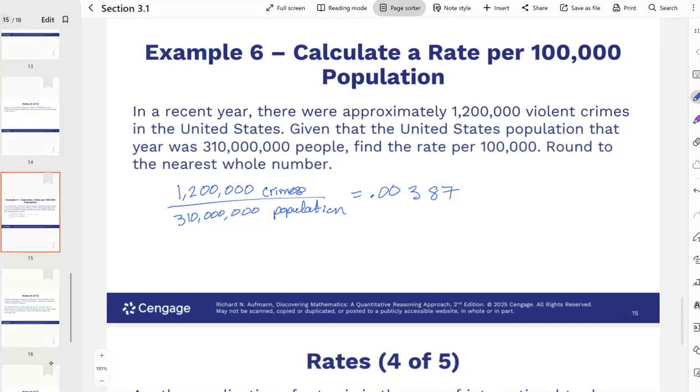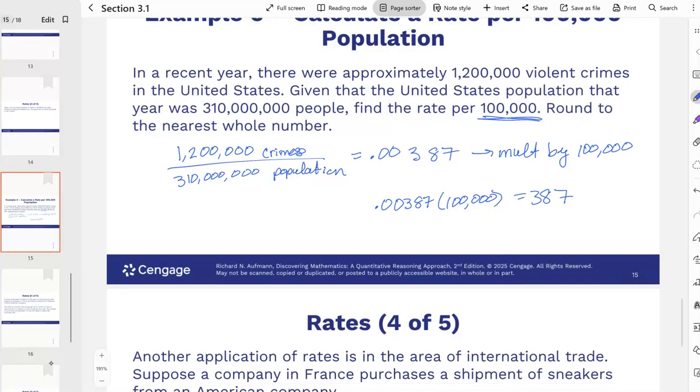And we want to find the rate per 100,000. So let's multiply that, because that's a unit rate, by 100,000. So I'm going to have 0.00387 times 100,000. And that's going to give me 387. So our violent crime rate in this case was 387 per 100,000 population.